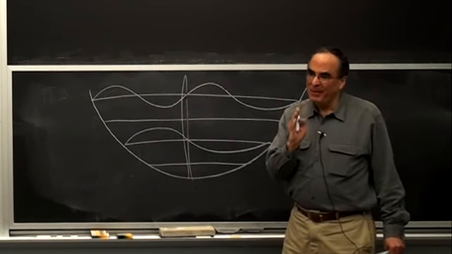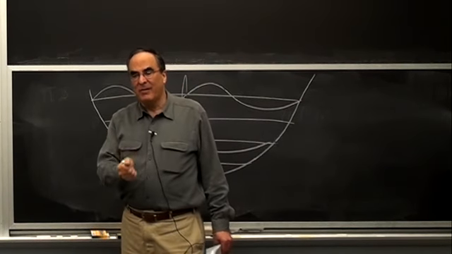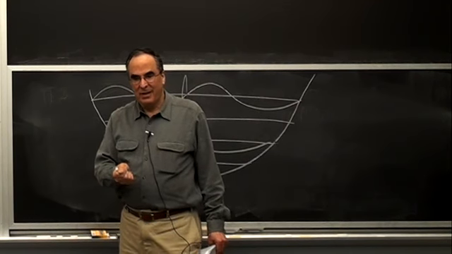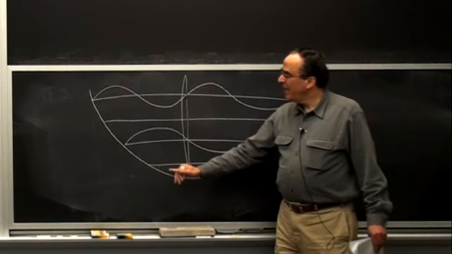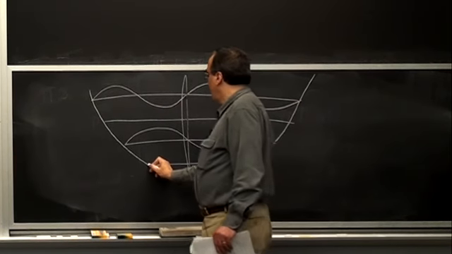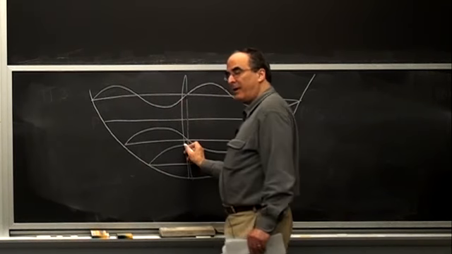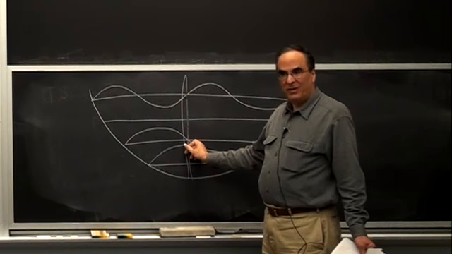Remember something that I told you probably, and that is you can tell the vibrational quantum number from the number of nodes. And so, well, what's going to happen here? Well, suppose we draw the wave function. It's going to hit the barrier. It's clearly not going to work.